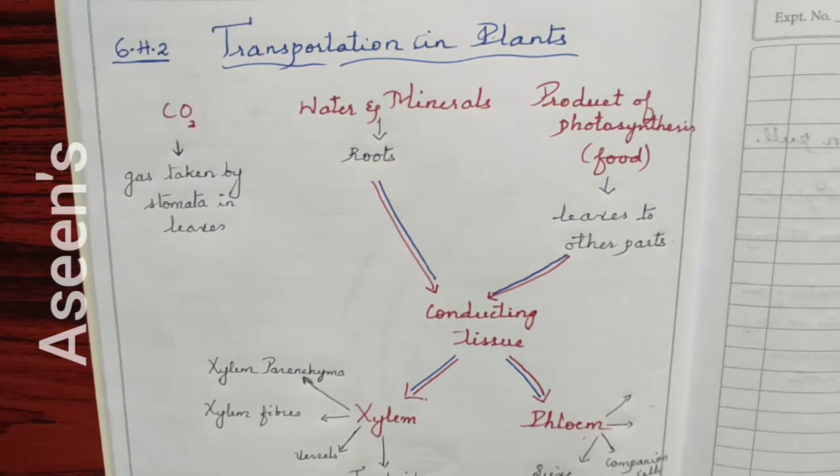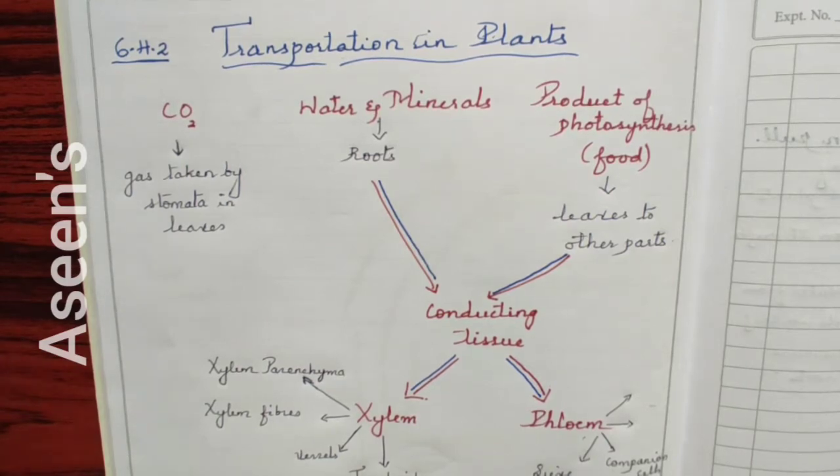Whereas in plants, it is nothing of that sort. It's not as complex as ours, but still there is a different mechanism happening inside the body of a plant in order to transport substances from one part to the other.